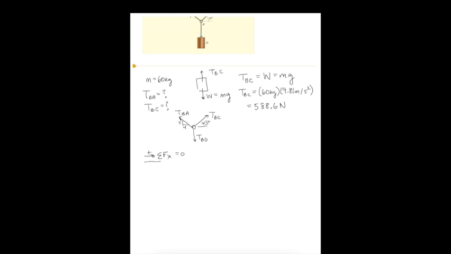If it points to the left, it's negative. So I see that in the x direction, there are two forces. There's TBC and there's TBA. These each point in the x direction, whereas TBD does not point in the x direction. It only points in the y direction.